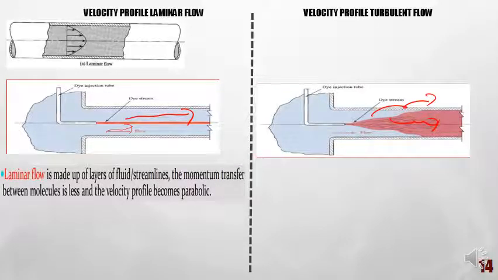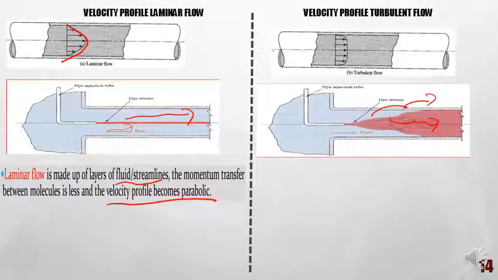Therefore the laminar flow is made up of fluid streamlines in which the momentum transfer between molecules is less and the velocity profile becomes parabolic. So you can see the shape of the velocity profile for laminar flow is parabolic, reducing near the surface of the pipe and increasing in the middle of the pipe.